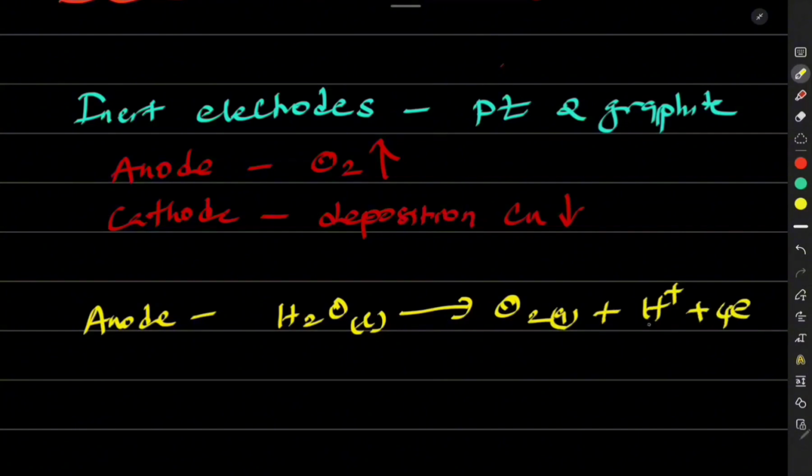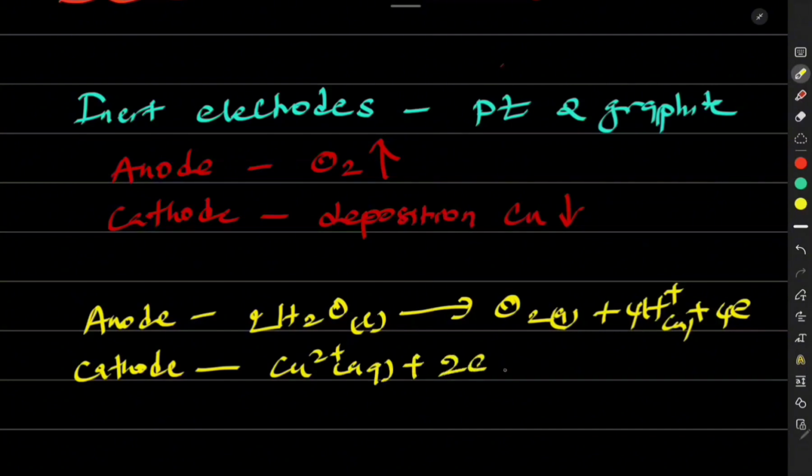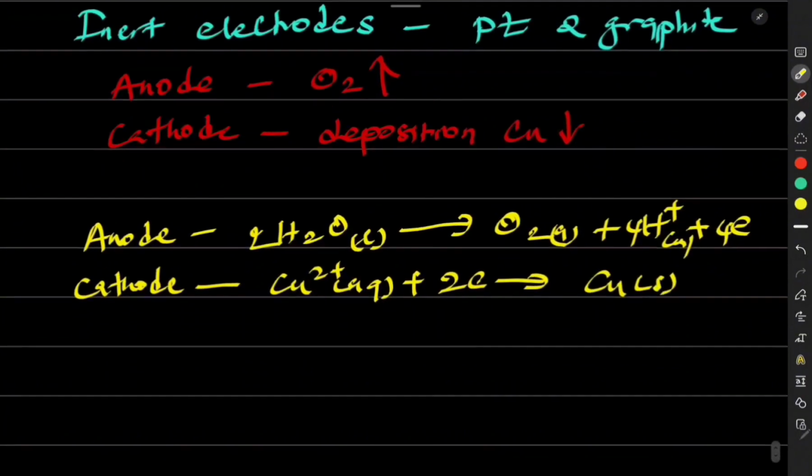If we balance, this 4 and this should be 2, and this is aqueous. For the cathode reaction, Cu2+ aqueous ions in the solution plus 2 electrons form copper solid.